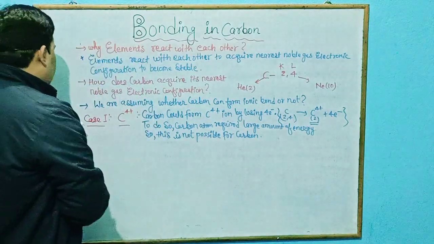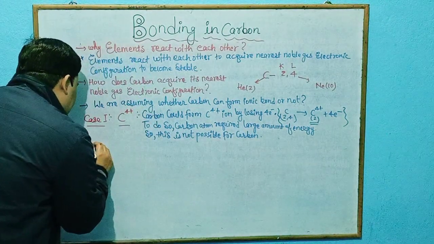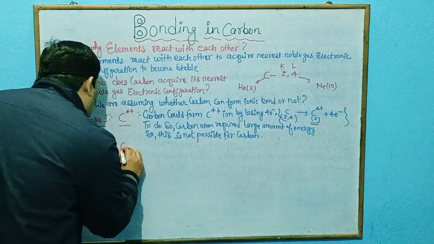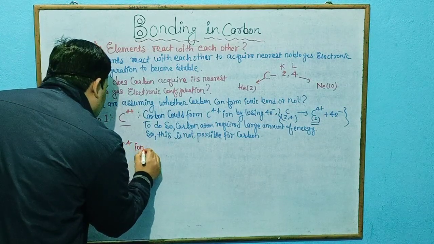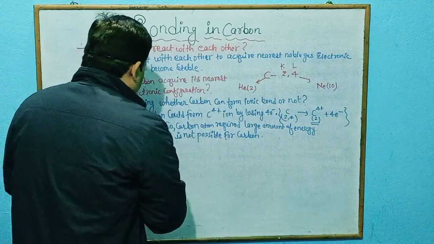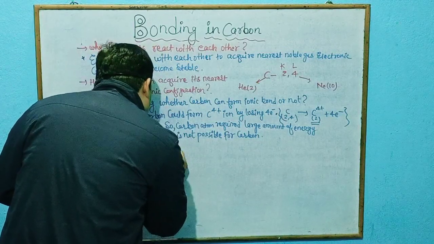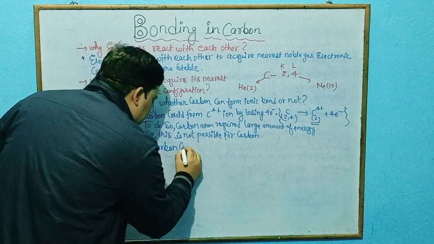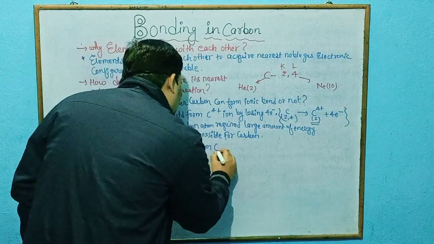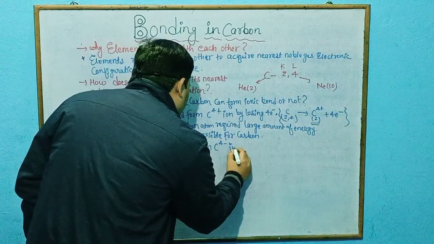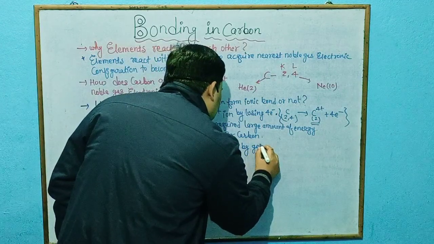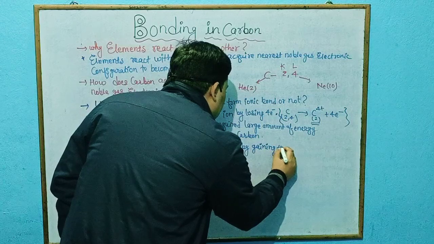Now, we are assuming the second case, where carbon can form a C4- ion. Carbon could form a C4- ion by gaining 4 electrons.